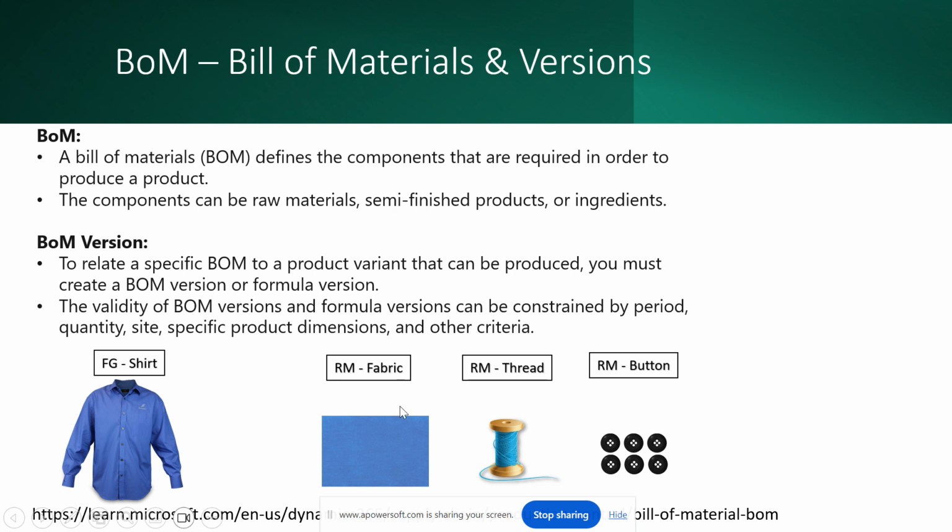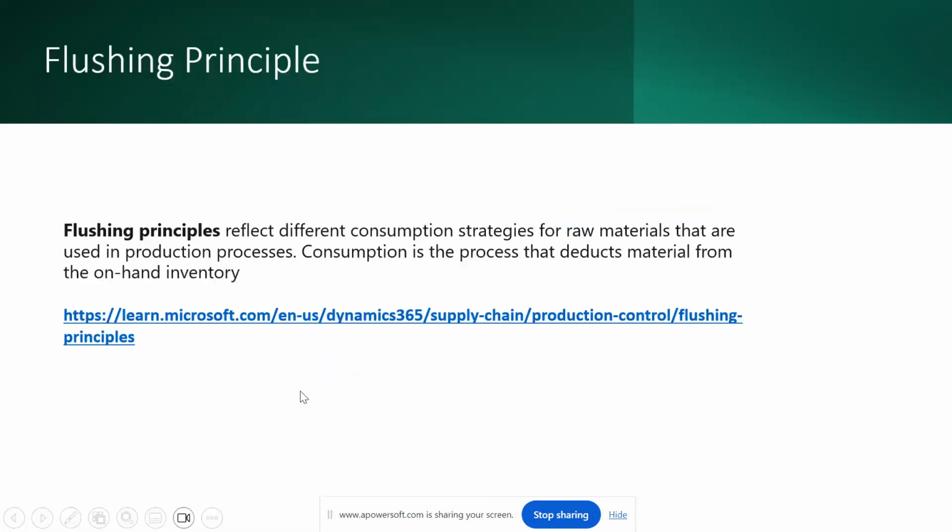So when do you want to consume the fabric, thread or button while the shirt is being manufactured? That's where the flushing principle defines it. It reflects the different consumption strategies for raw materials. When you start the production order, do you want the system to consume it, or when you end the production order, or do you want to consume the material manually, or based on the work creation? That's what the flushing principle defines.